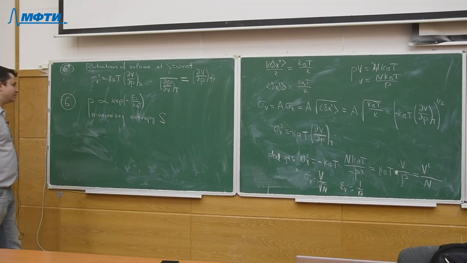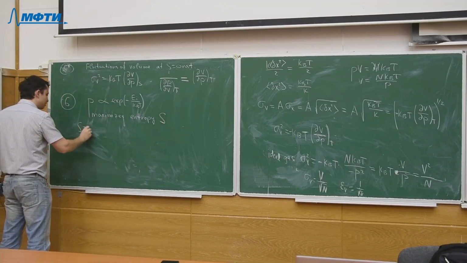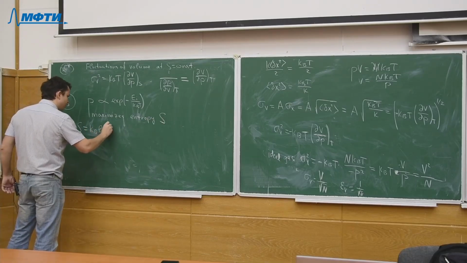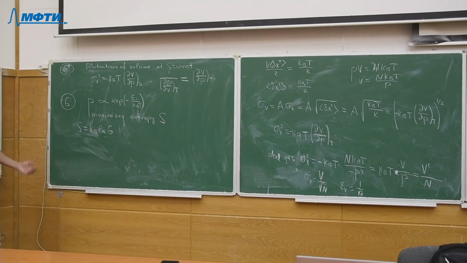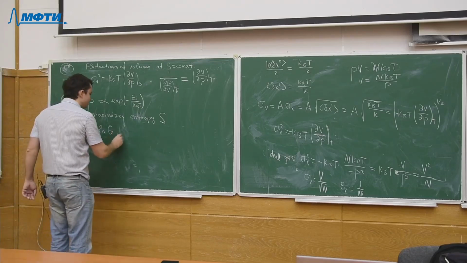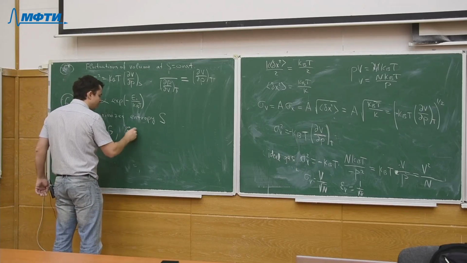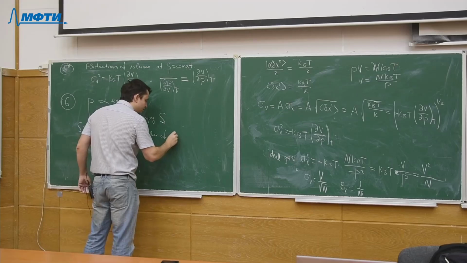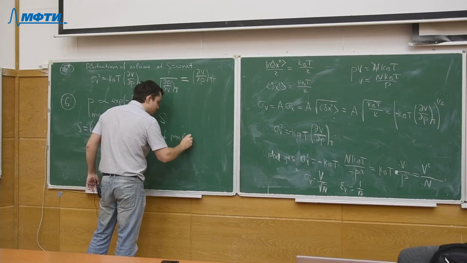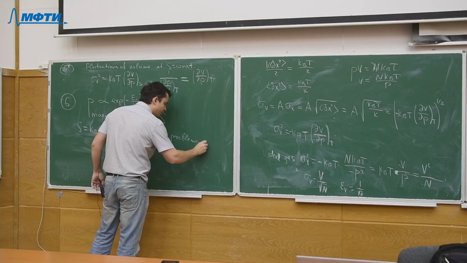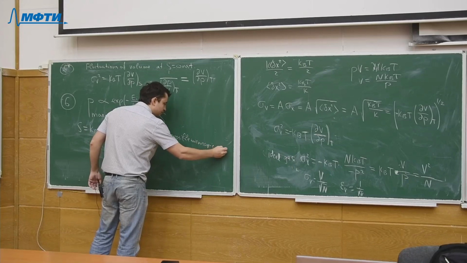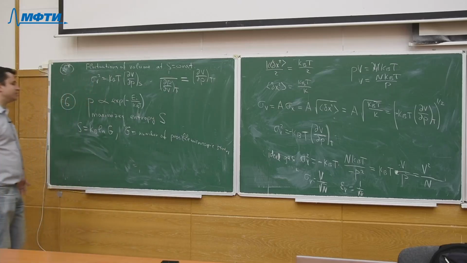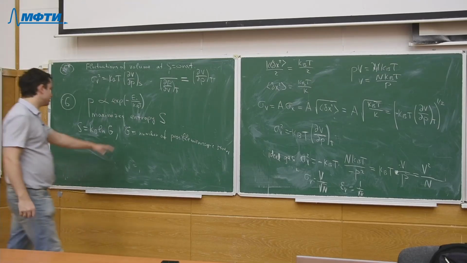But the entropy by definition is equal to kB times the natural log of capital G, where capital G is the so-called statistical weight, or number of possible microscopic states. And in my studies, I assume that all of the microscopic states have almost equal probability.